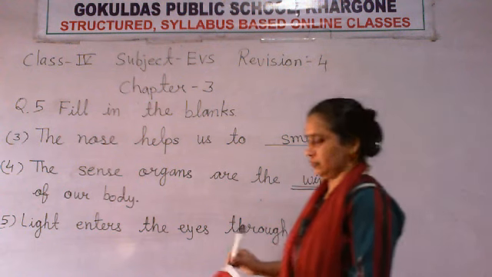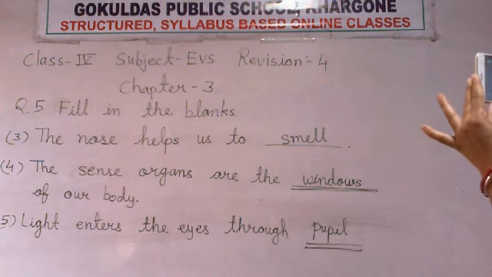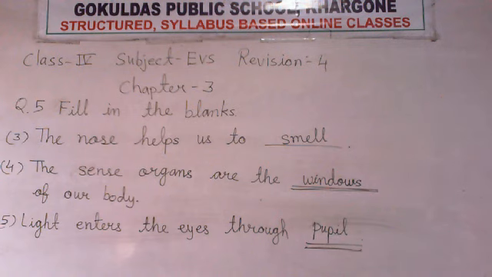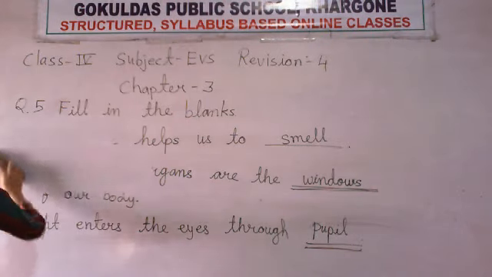Pupil. This is number 3, 4 and 5. Now write number 6. Fill in the blanks number 6.